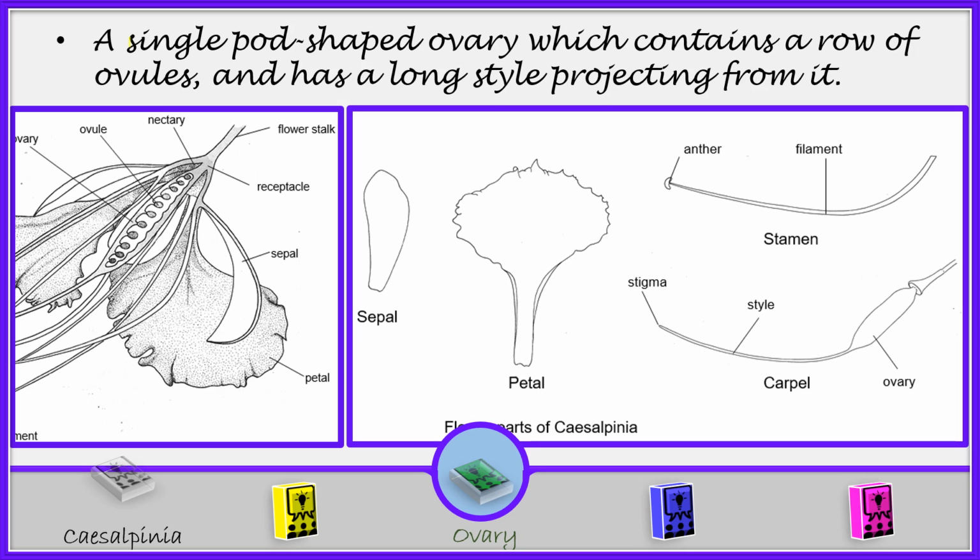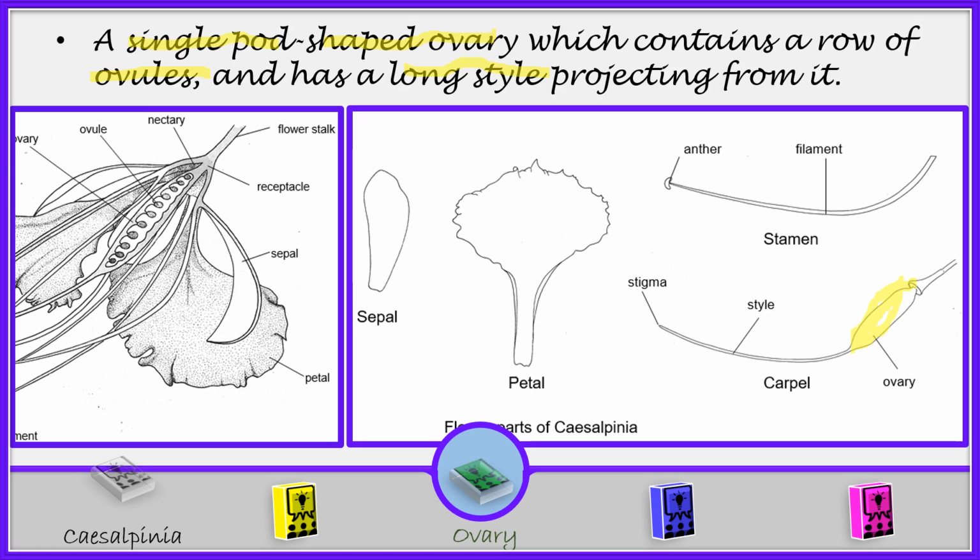A single pod-shaped ovary which contains a row of ovules and has got a long style projecting from it. So here we have our pod-shaped single ovary.